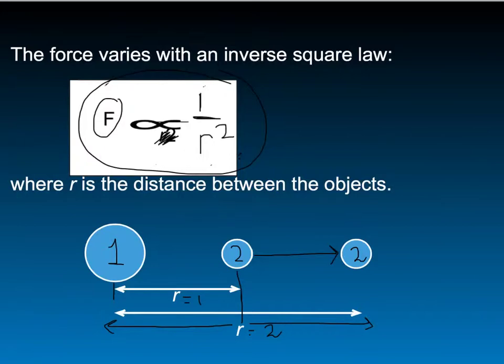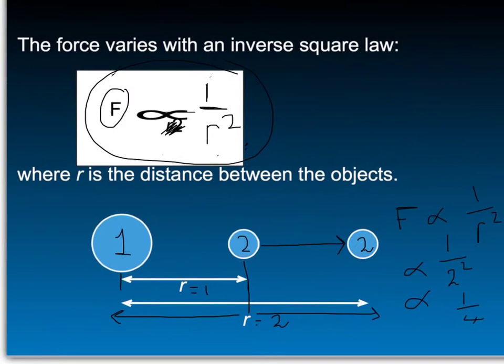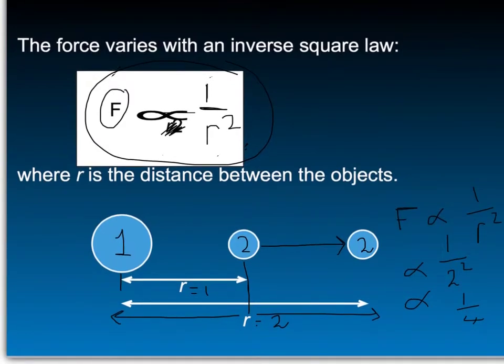Now if I look at that equation, I've got F is proportional to 1 divided by r squared. So if my r is now 2 times as big as it was, that means I've got 1 over 2 squared, or 1 over 4. So what that actually tells you is, if your r has doubled, the gravitational force is now 1/4 of that which it would be if our distance was only 1.